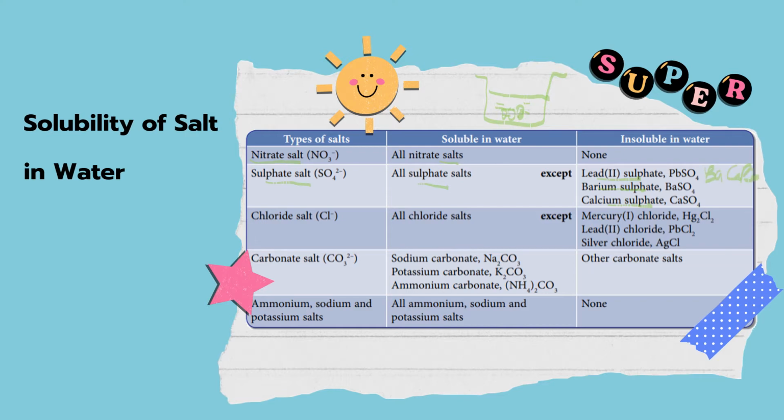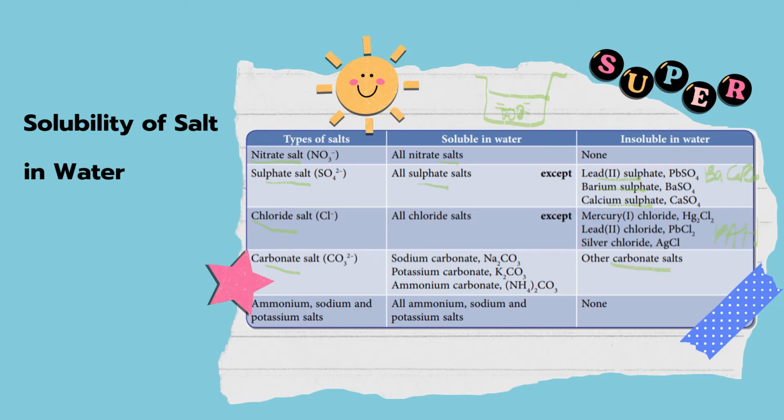Chloride salts. All chloride salts are soluble except mercury chloride, lead(II) chloride, and silver chloride, or PAH: lead(II) chloride, silver chloride, and mercury(I) chloride. Carbonate salts.